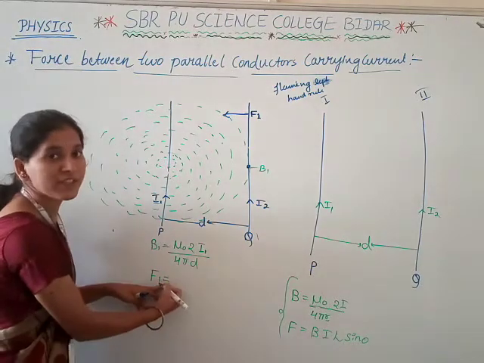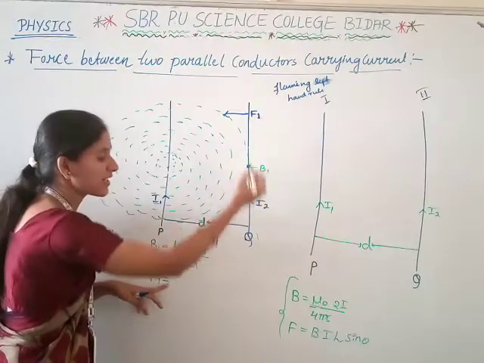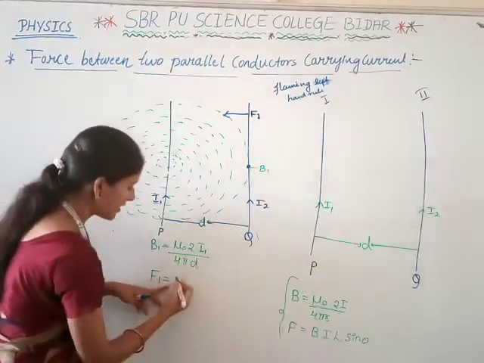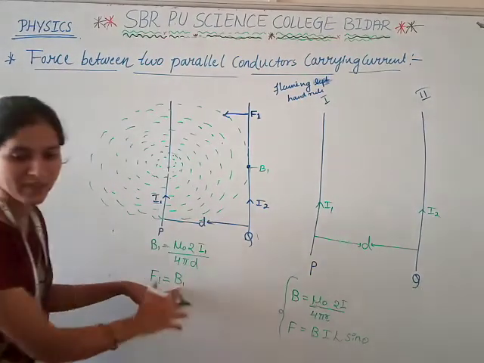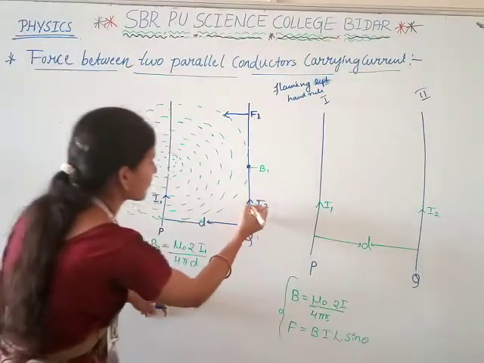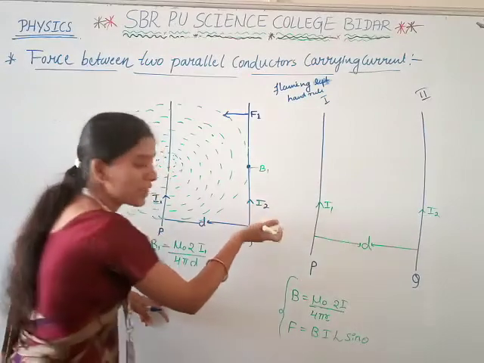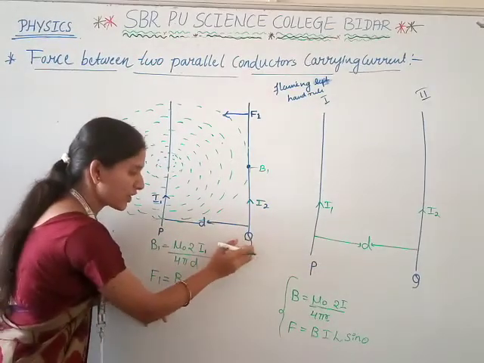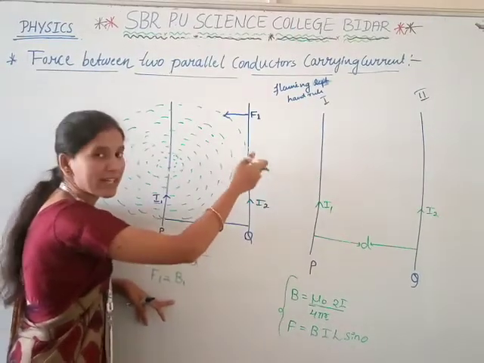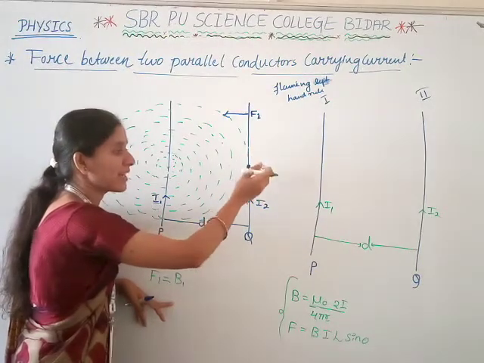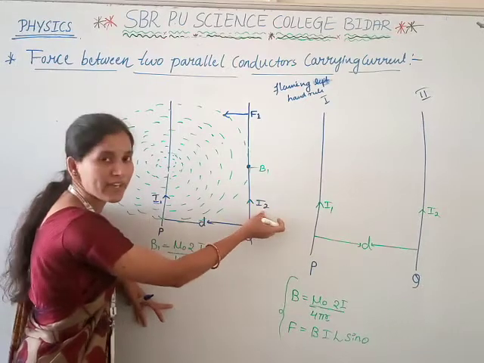when the magnetic field B1 is produced, the conductor Q experiences a force F1. Means we have to take magnetic field B as B1, okay, and I is where the force is produced when the current I2 is in the conductor Q. Due to the magnetic field B1, that conductor experiences a force F1 in the presence of a current I2.